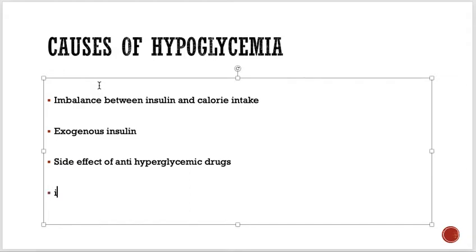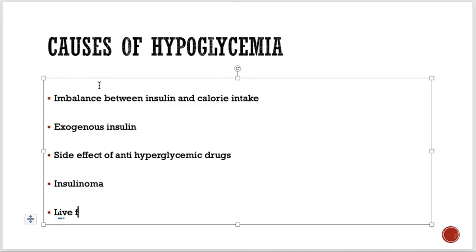Or there could be a tumor called insulinoma in the pancreas, which is secreting more and more insulin. Or it could be liver failure, or it could be alcohol ingestion.